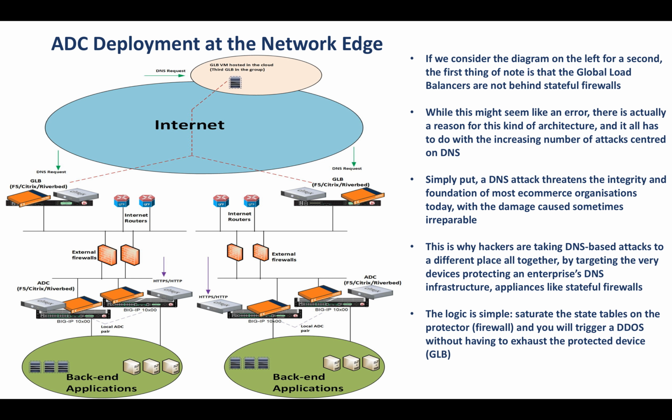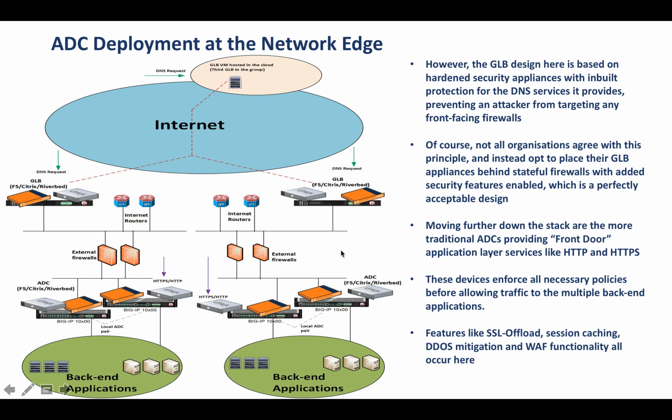All an attacker needs to do is exhaust these limits, and the firewall will not forward traffic to the GLB, thereby rendering the name service inaccessible and triggering a DDoS without even having to exhaust the protected device, which in this case is the GLB.